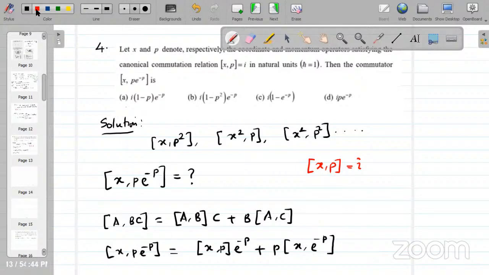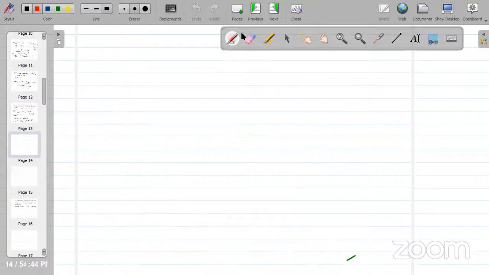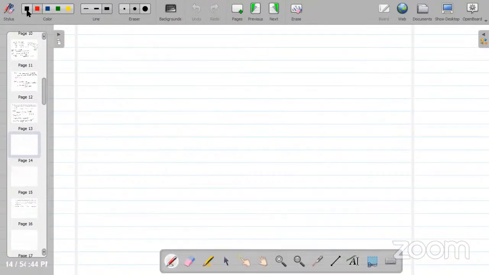The first term is very trivial, right? x comma p is nothing but i, because it is given that x comma p is equal to i. But we need to evaluate only x comma e power minus p.